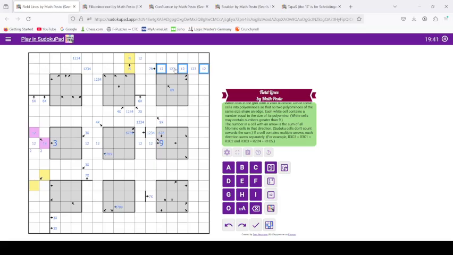Is this... If this is 1, 1, 1, 2, 2. That's it. There we go.